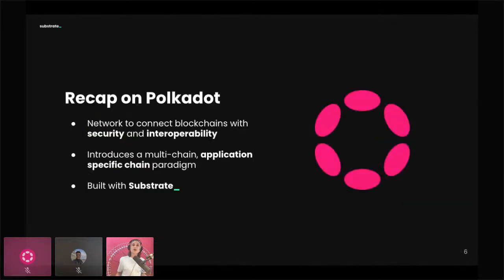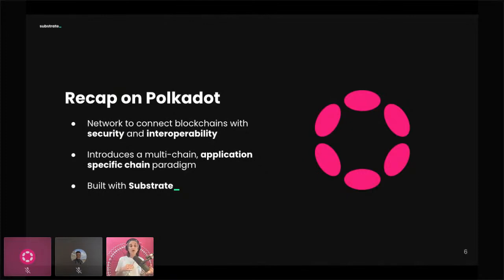So a recap on Polkadot: it's a network to connect blockchains with security and interoperability. It introduces this new paradigm, this new way of thinking about the types of applications we're building. These applications are multi-chain, and they completely flip the paradigm of having decentralized applications entirely governed by smart contracts.